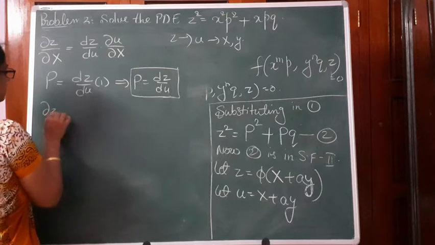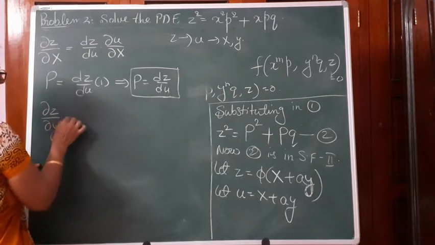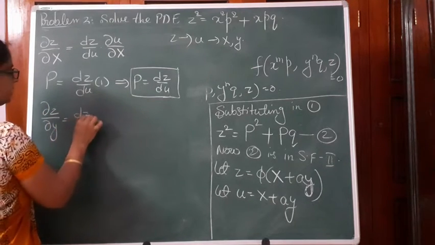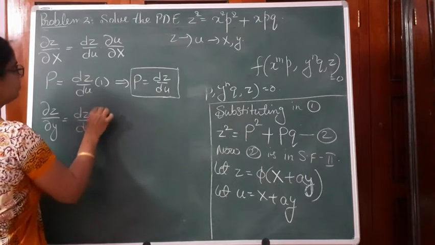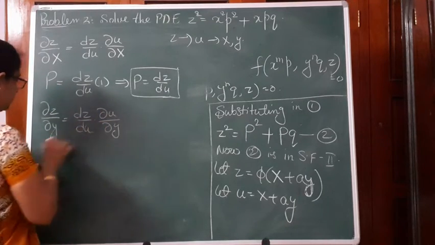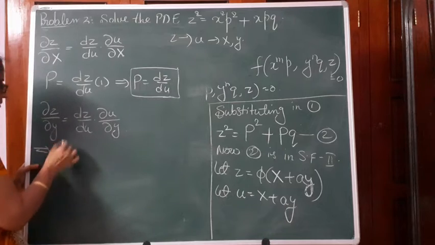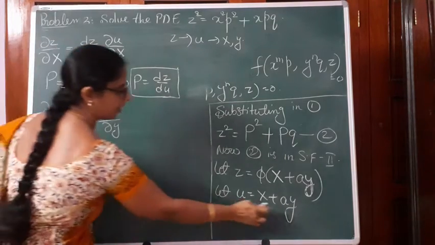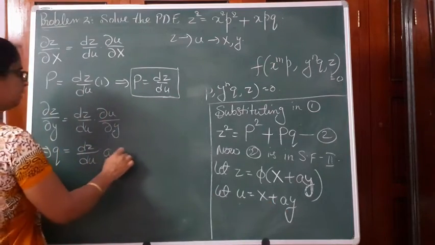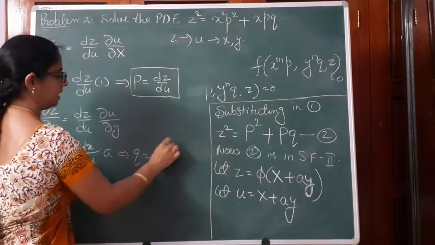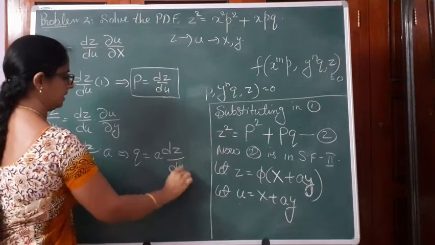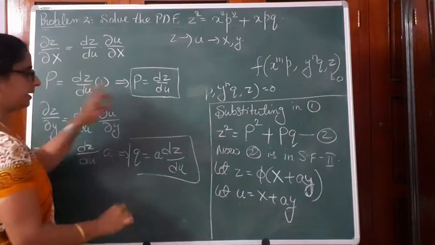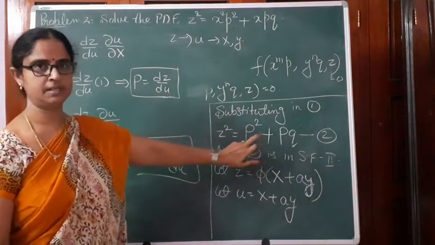So now consider dou z by dou y, which is equal to dz by du into dou u by dou y. This implies dou z by dou y, which is Q, is equal to dz by du into dou u by dou y, which is a from this. Therefore, Q is equal to a into dz by du. Now we substitute P and Q in this equation, which is in standard form.